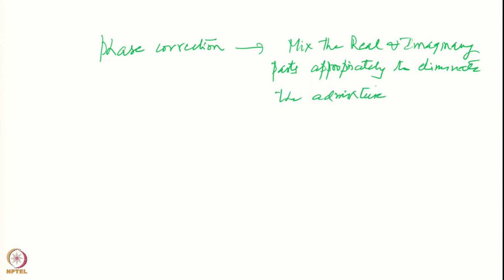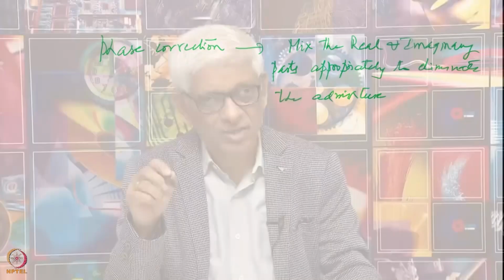The computer does this, there are various kinds of knobs over there, so you just keep moving the knobs, and in real time you can monitor on the screen how the phases are changing. So these algorithms are there, the mathematics behind this is all programmed into the computer, how to mix the real and the imaginary parts and what should be the coefficients for the mixing. You can also manually adjust it.